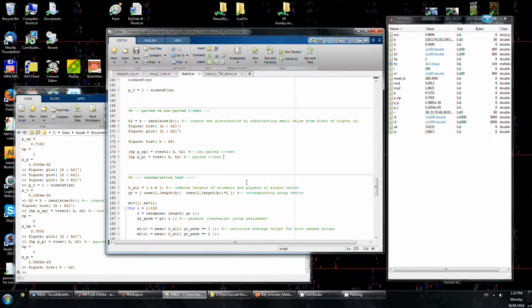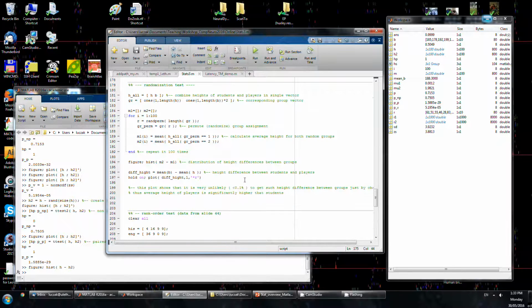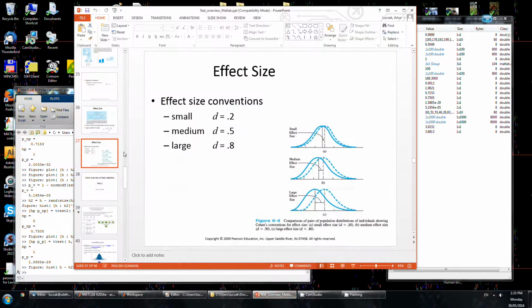Okay, another type of test which we covered during the first lectures of the class was the randomization test.